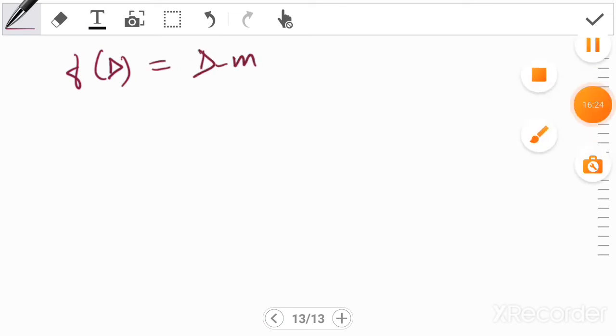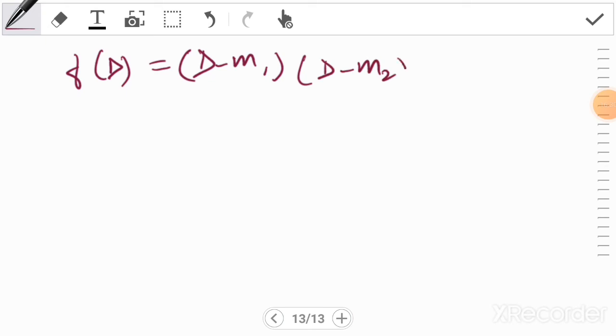Then we say we have f of D as (D minus m1)(D minus m2)...(D minus mn). So we can resolve this into partial fractions.